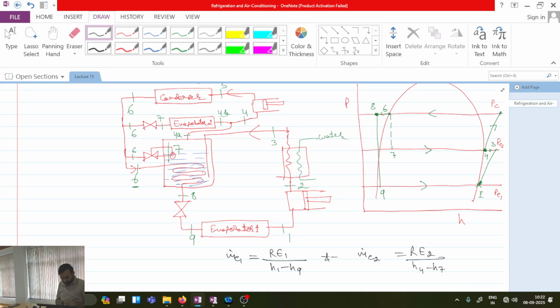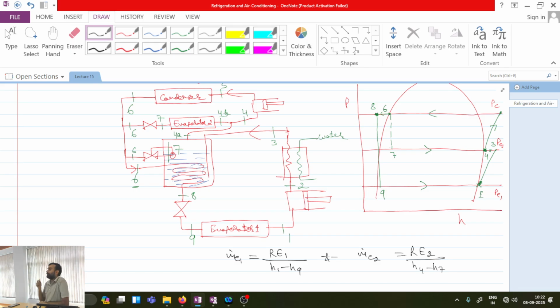But the mass handled by the high stage compressor is not only the sum of m dot E1 and m dot E2. Other than that, because of the flashing, there will be some vapor formation, and because of intercooling and subcooling, some liquid will be converting into vapor. So the load on this high stage compressor is greater than m dot E1 plus m dot E2.